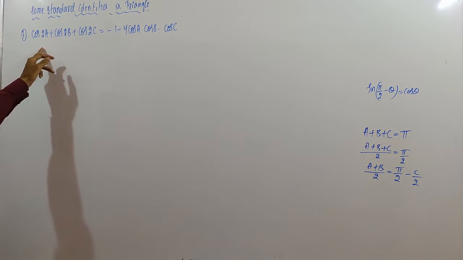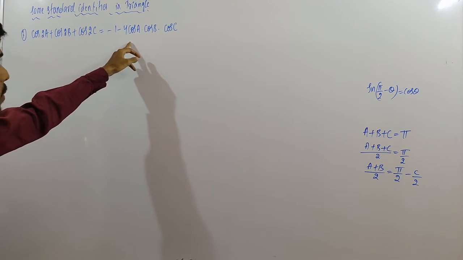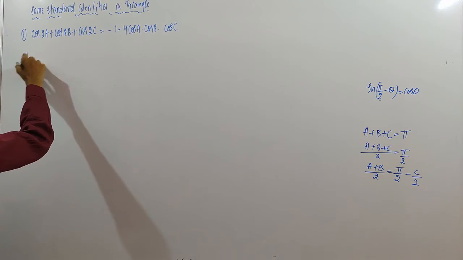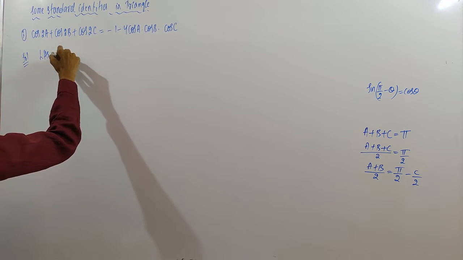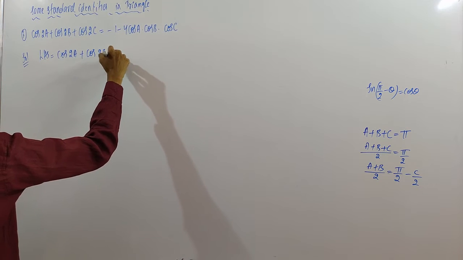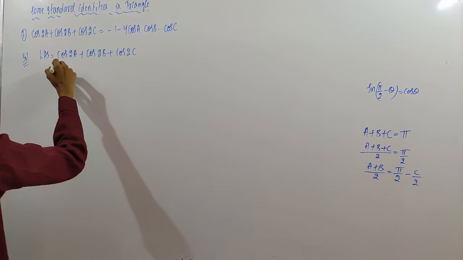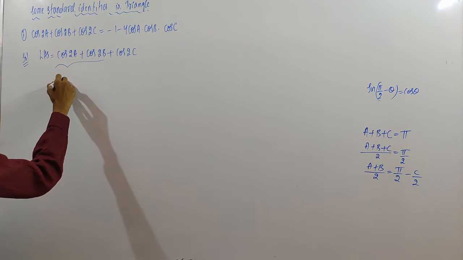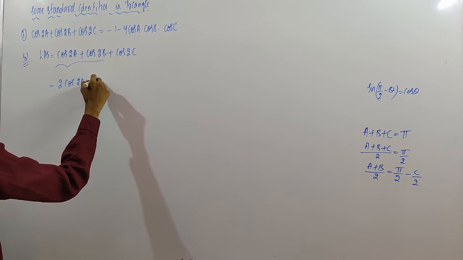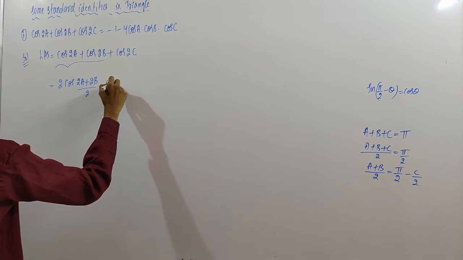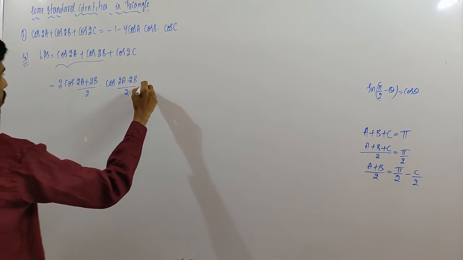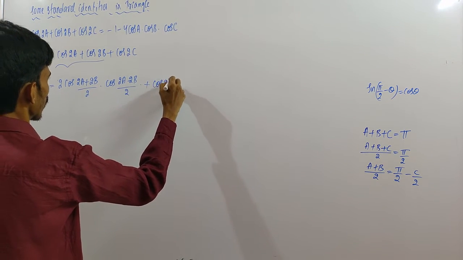Now the third identity: cos 2A + cos 2B + cos 2C = -1 - 4 cos A cos B cos C. Take the LHS: cos 2A + cos 2B + cos 2C. Apply the cos C + cos D formula. We have 2 cos((2A+2B)/2) cos((2A-2B)/2) + cos 2C.